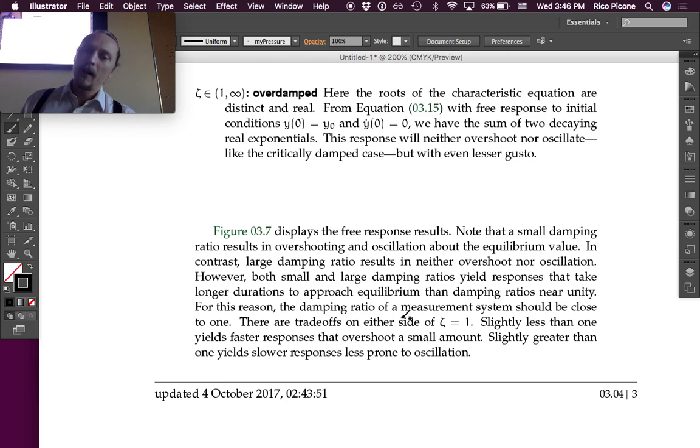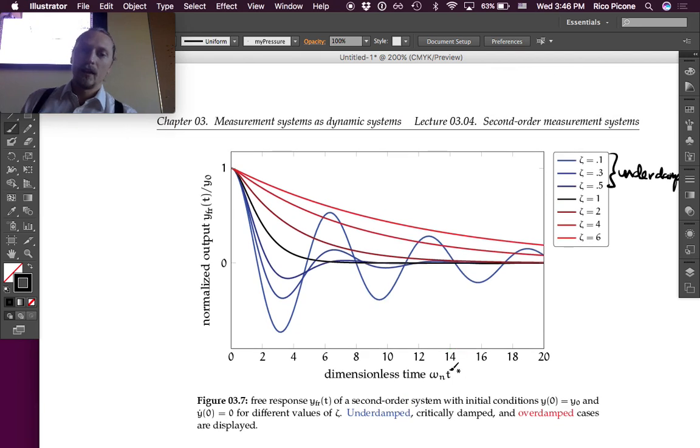For this reason, the damping ratio of a measurement system should be close to 1. There are trade-offs on either side of zeta equals 1. Slightly less than 1 yields faster responses that overshoot a small amount. So for instance, if you see this zeta equals 0.5, it overshoots and it oscillates just a little, but notice how much faster it gets to the initial value compared to, for instance, this one here on the other side, which doesn't overshoot and doesn't oscillate, but takes a lot longer to get there.